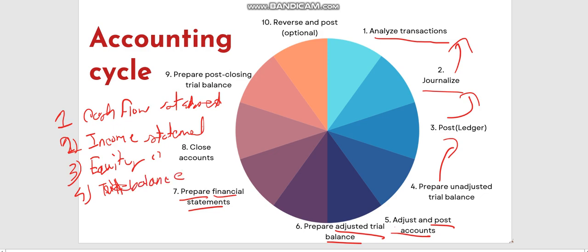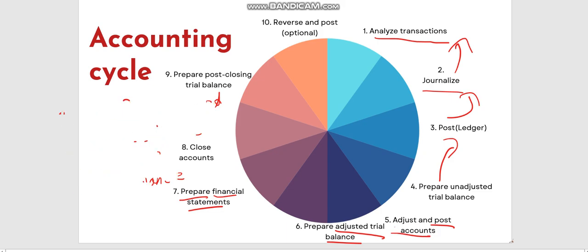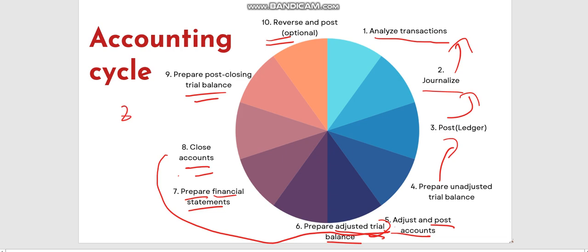So these are the 4 types of financial statements. I'll get into closing accounts, post-closing trial balance, and reversing and posting later on. But the 8th step is quite close to the 5th step, and the 9th step is quite close to the 6th step.